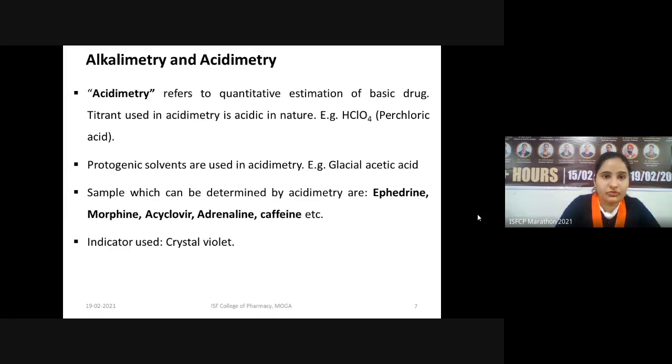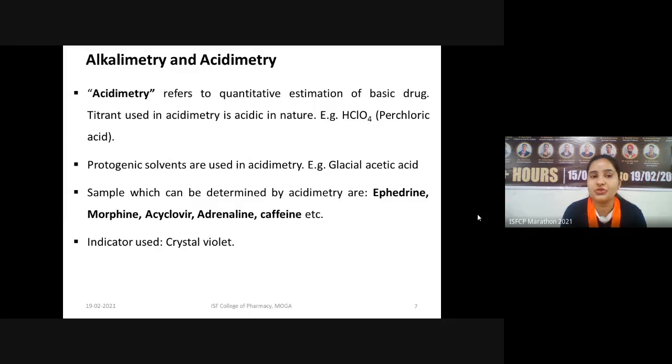So the next topic is alkalimetry and acidimetry titrations. These titrations are very important for the quantitative estimation of basic and acidic drugs. What happens in the case of acidimetric titrations? In acidimetric titrations, the quantitative estimation of a basic drug is done with the use of an acidic standard solution.